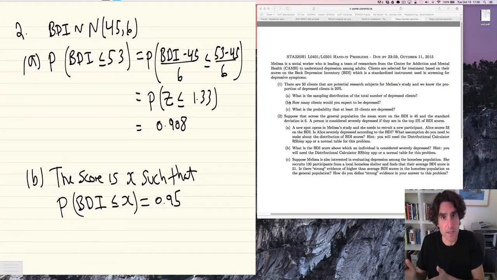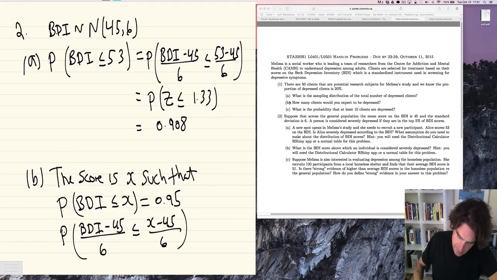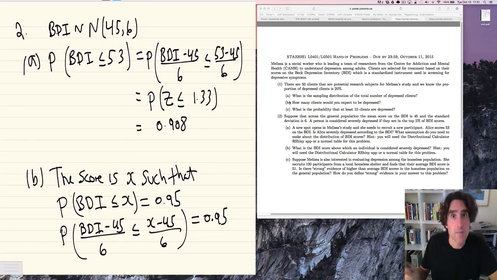in the top 5%. Well, again, if we standardize, that's the probability that (BDI minus 45) divided by 6 is less than or equal to (X minus 45) over 6, and that's equal to 0.95. But now we can use the Z table.